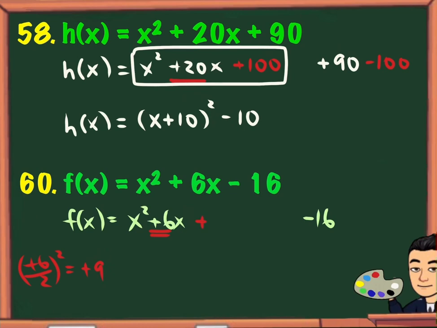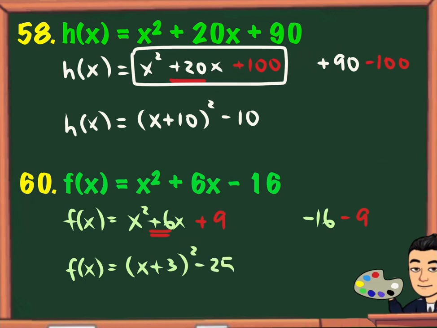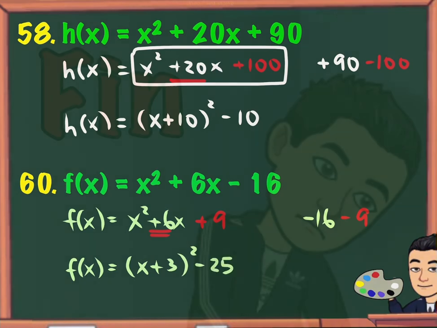So add 9, and then subtract 9 here. Let's erase the work and rewrite this as f of x equals (x plus 3) squared minus 25, and that's your vertex form.